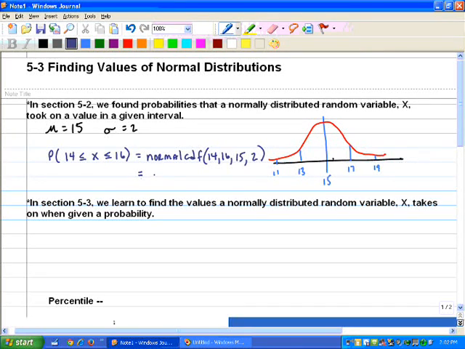In this case, 0.3829 or 38.29% is the probability that this random variable x would take on values between 14 and 16.